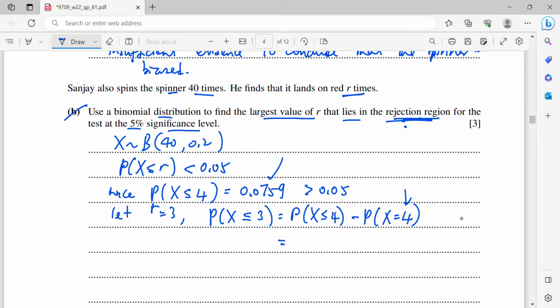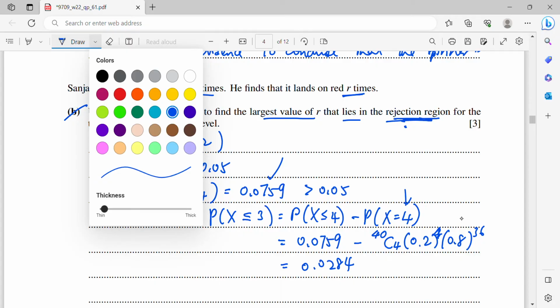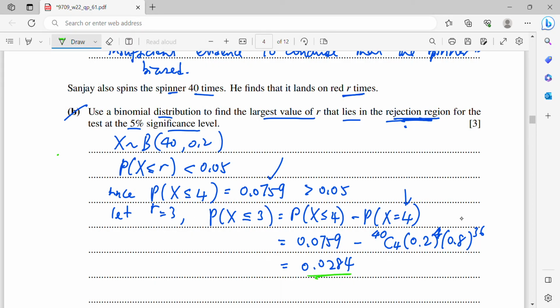So here will be 0.0759 minus, when exactly 4, it will be 40C4, then 0.2 to the power 4 and 0.8 to the power of 36. From here, I will get 0.0284. Now you compare with 0.05. 0.0284 is less than 0.05. That means we are going to reject H0.